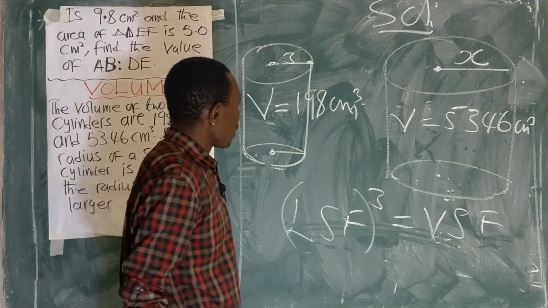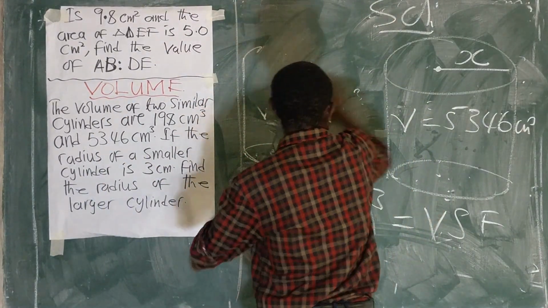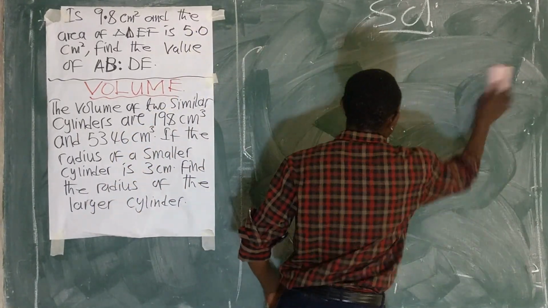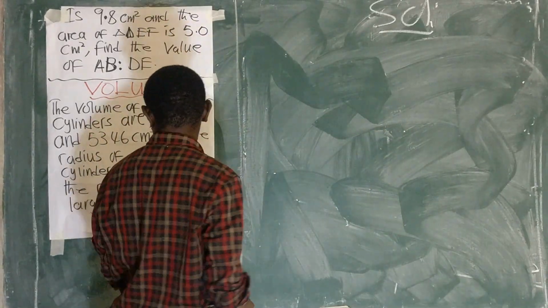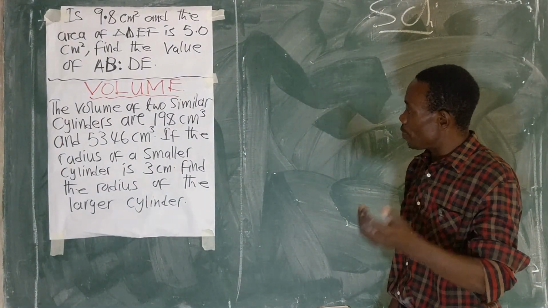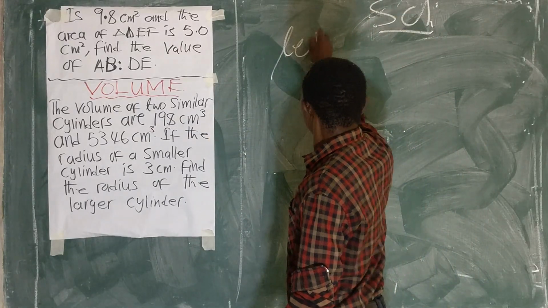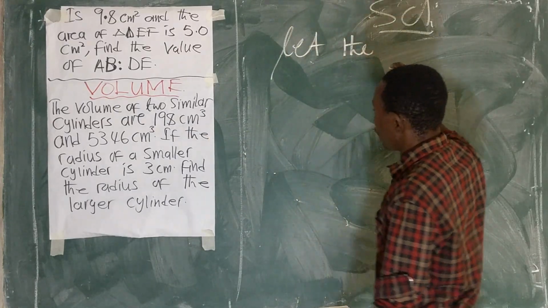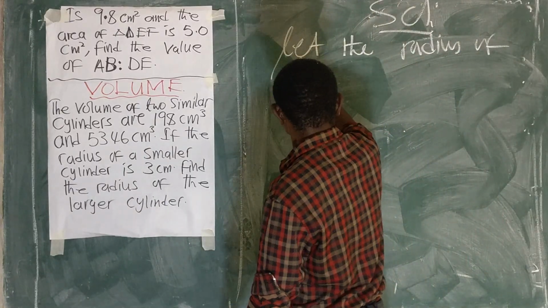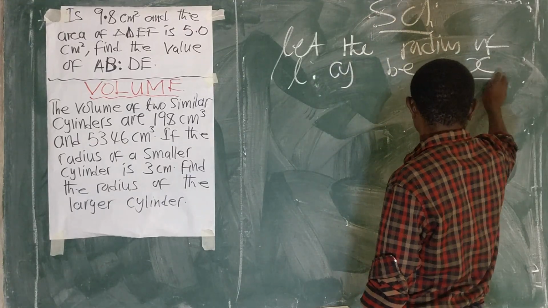You can use that knowledge to find the radius of the larger cylinder. How you go about this is you bring in this relationship, the linear scale factor, and substitute the values in the equation, and also the volume scale factor. How you begin here is the same as introduced in the previous video when working on area problems: we let the radius of the larger cylinder be equal to x.